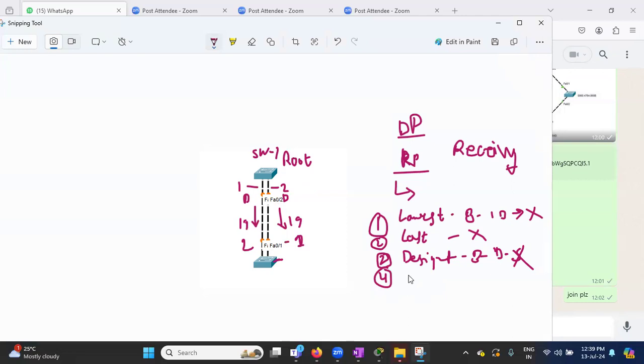Tell me, Rahul. Designated port ID. Lowest designated port ID, right? Okay. Designated port ID, so 128.1 would be the lowest. Fifth number.